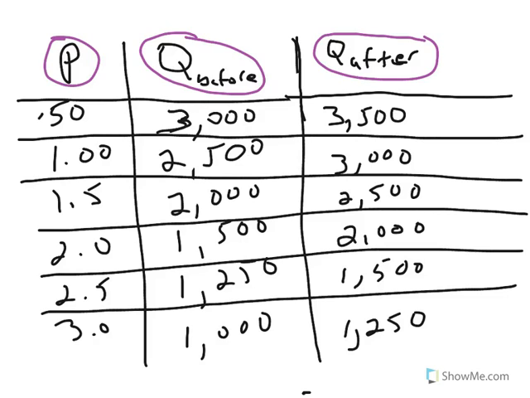As you can see, this is working in reverse ascending order. If you take the law of demand and flip it around, as price increases, as you see price going up, quantity demanded is going to decrease.